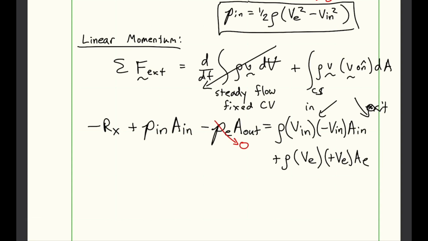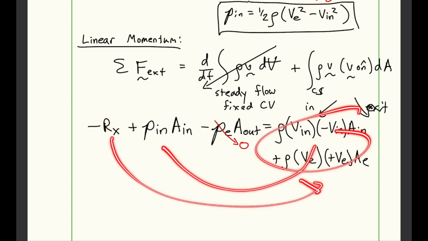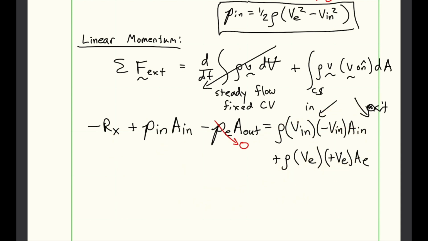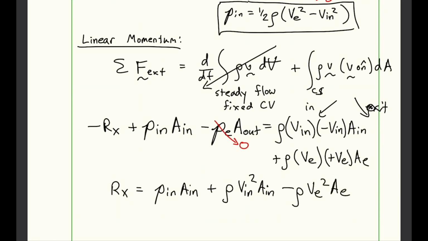I'll move some signs around here. Since I want this thing to have a positive sign, I'm going to move this to the other side, and then I'll move these other things to the other side of the equation. So in the end, we'll get Rx, our reaction force, is Pn times An plus rho Vn squared An minus rho Ve squared Ae.